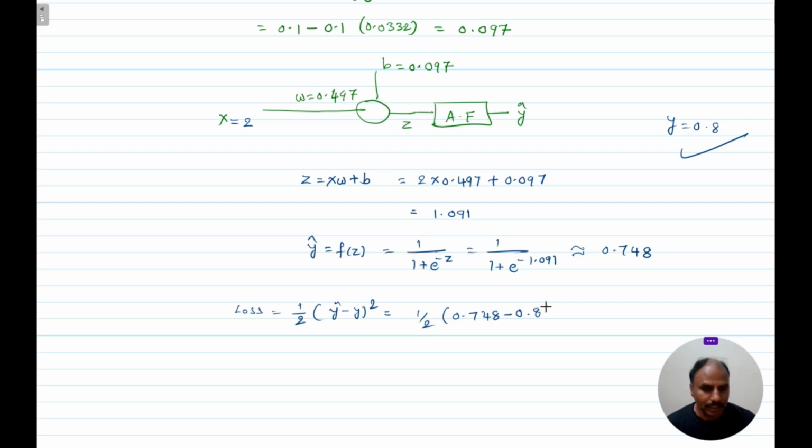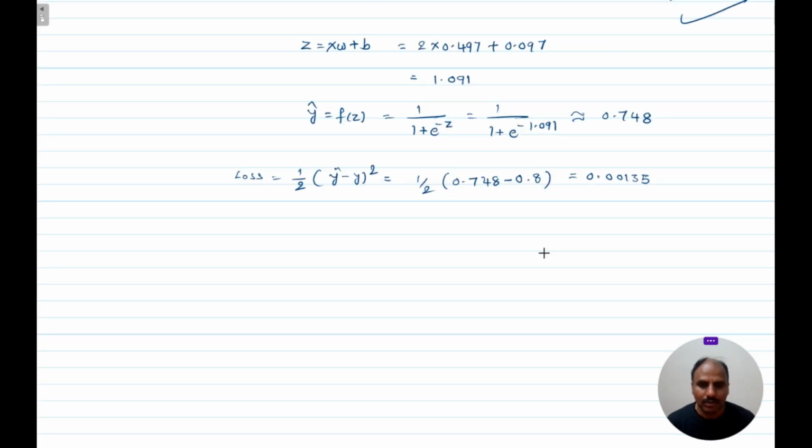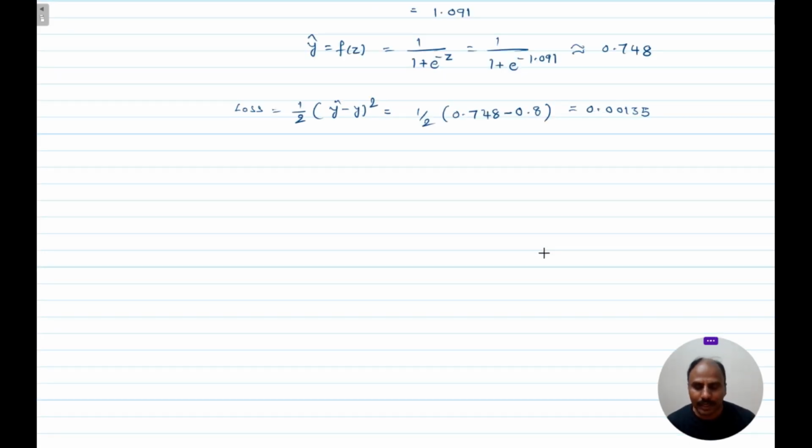So this will give you 0.00135. This much difference is the loss. Again we have to reduce this loss because we have not received a value close to 0. So for reducing this loss, again we need to use gradient descent to optimize both parameters, W and B. By using this, it is called the backpropagation algorithm.